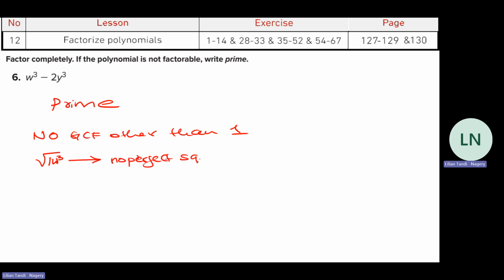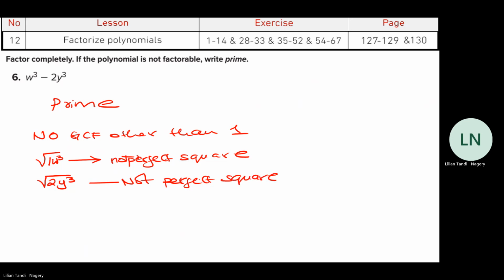Perfect square. Square root of 2y cubed not a perfect square. Okay. 2 is not a perfect square. 1 is a perfect square, but W is not a perfect square.